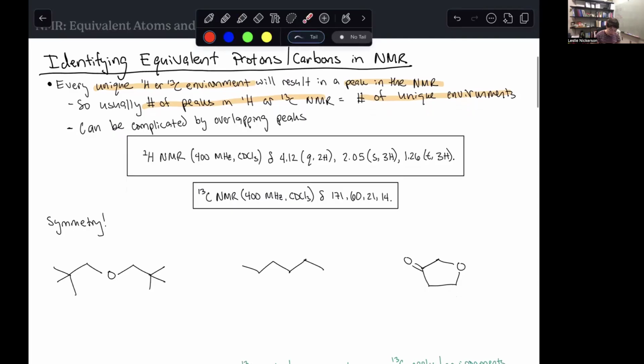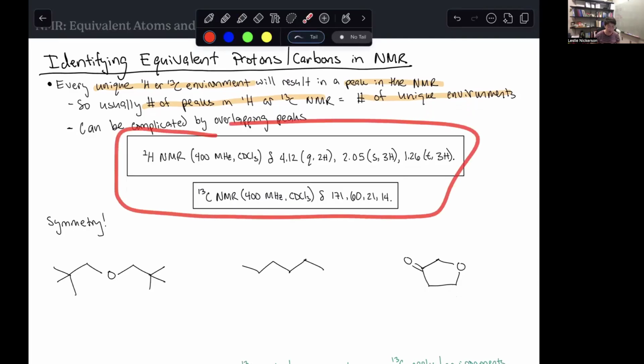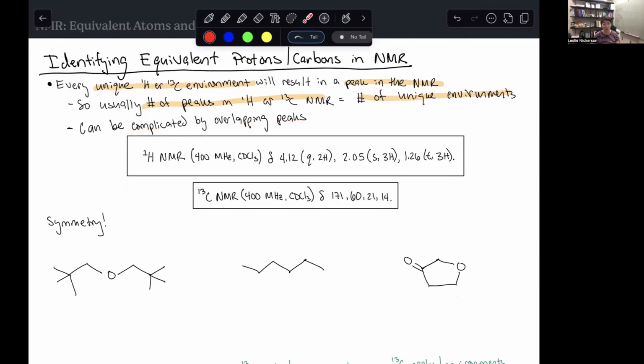So when we're looking at just the summary of an NMR, and I'll be popping this up in the following videos as well, just so that we get used to seeing it, this is how NMR data is presented if you're not given an NMR spectrum. I will usually be giving you this and a spectrum just so that you have the summary and the actual visual.